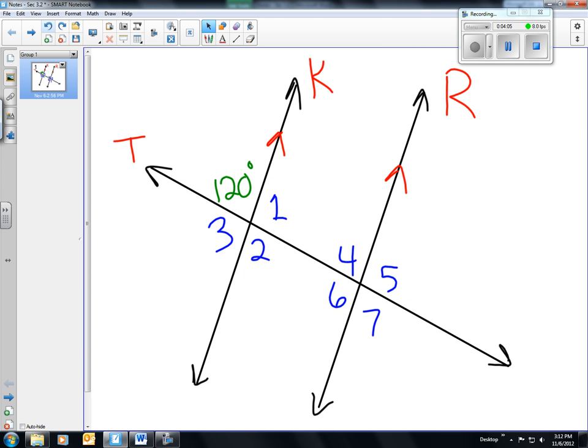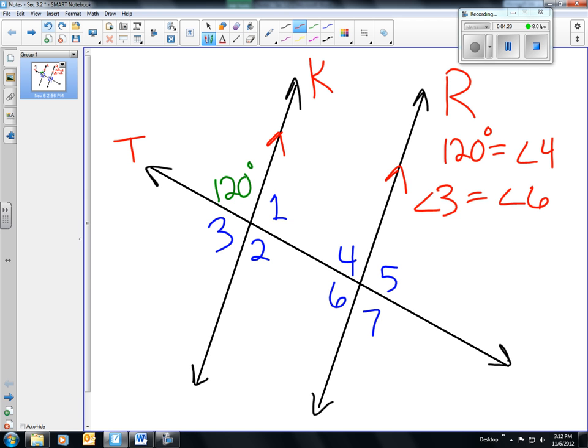So the corresponding angles are congruent here with that theorem, which means that we can say this. 120 is equal to angle 4. We can say angle 3 is equal to angle 6. We can say angle 1 is equal to angle 5. And we can say angle 2 is congruent to angle 7.